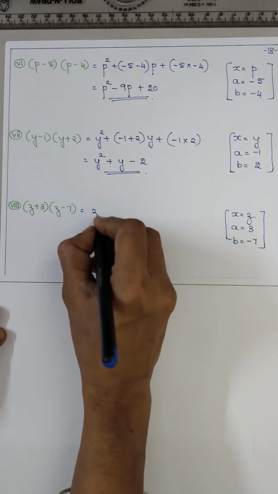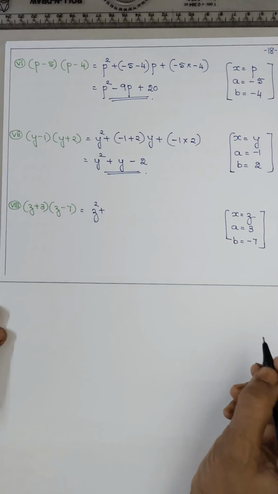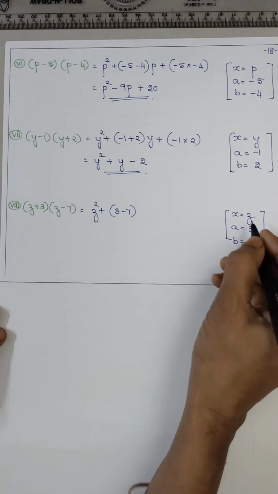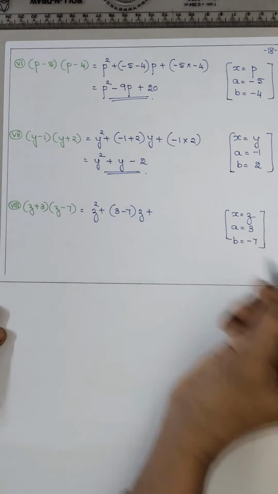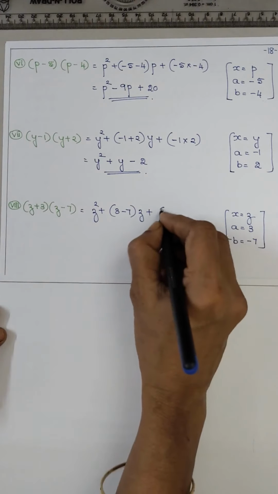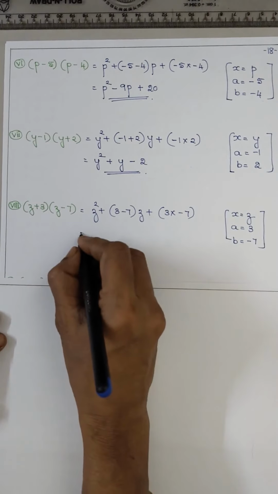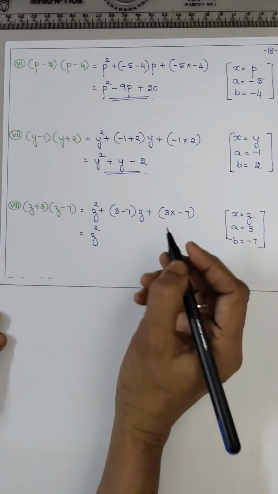X squared, that is z squared, plus a plus b, 3 minus 7, times x, that is z, plus a into b, 3 into minus 7. That is z squared.